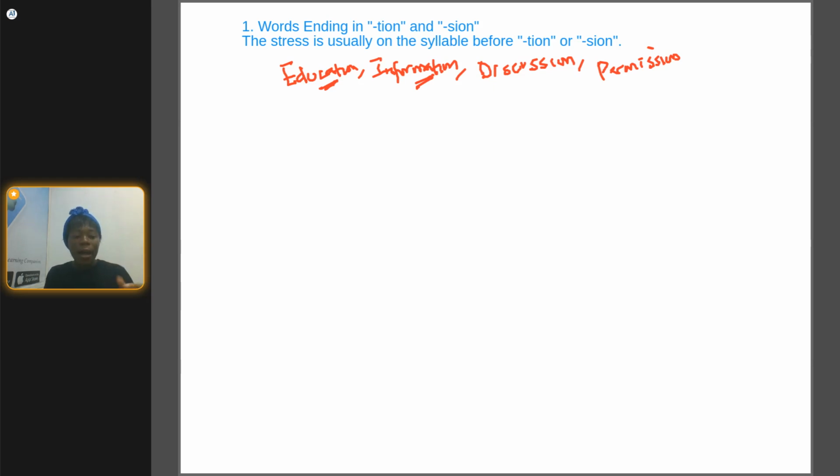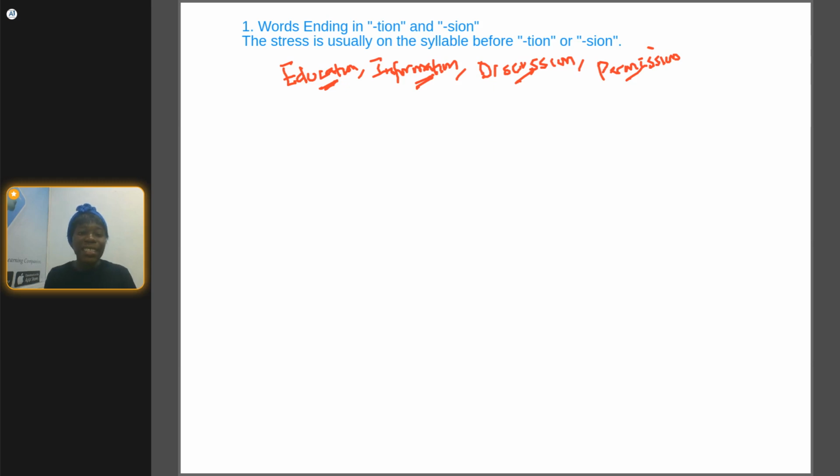It means CU is the stressed syllable. Then we have the word permission, also ending with sion, and the syllable before sion in the word permission is MI. So we have MI as the stressed syllable.